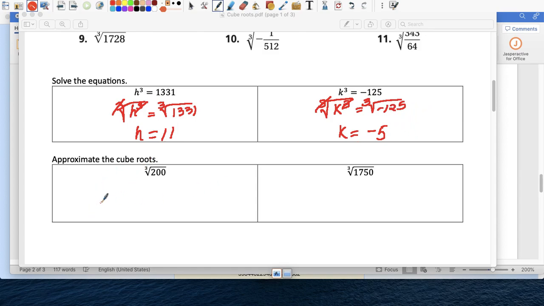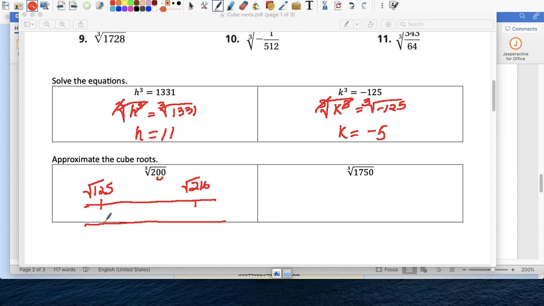Approximate the cube roots. So we're going to do the double number line method that we do in class. So let's list. You've got to use that list of perfect cubes that we wrote in class. So 200 is between the cube root of 125 and the cube root of 216.